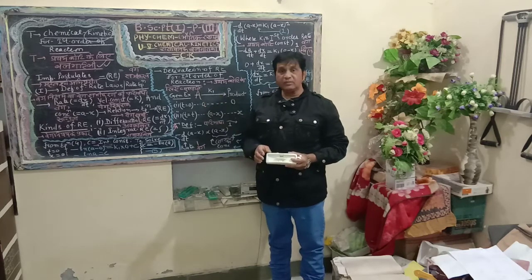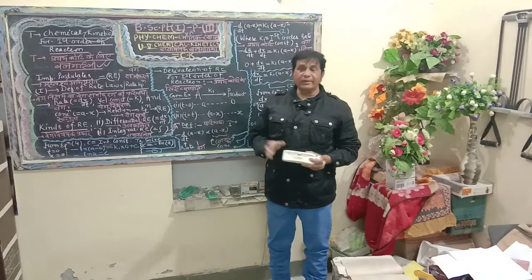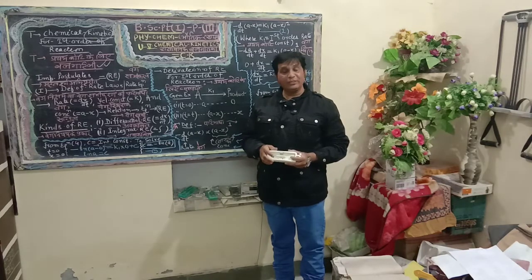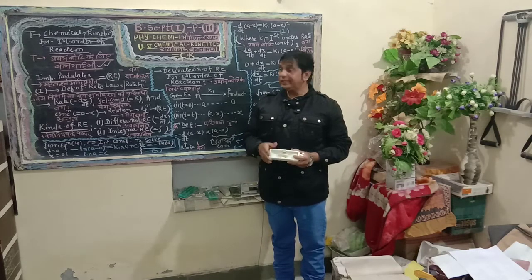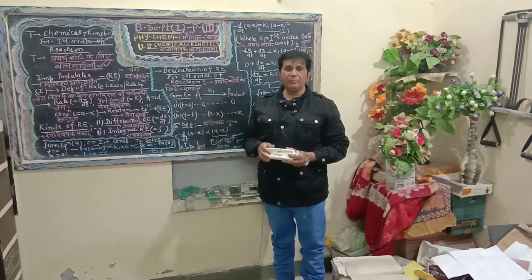First one, the definition of rate equation, the velocity equation. Second one, the kinds of rate law or velocity law, which are further of two kinds: differential rate equation and integral rate equation.